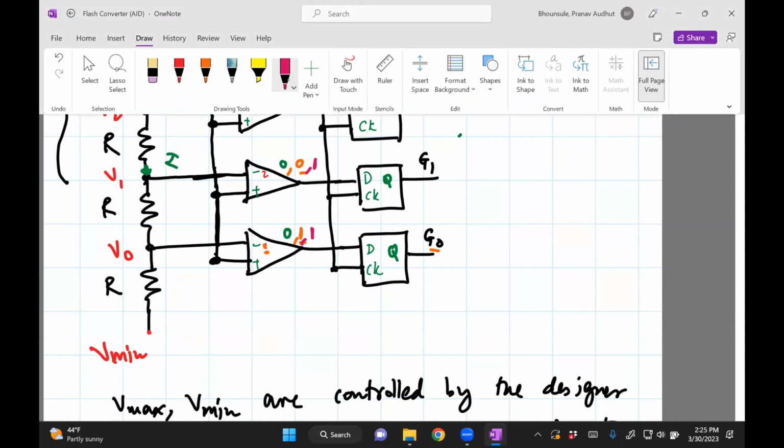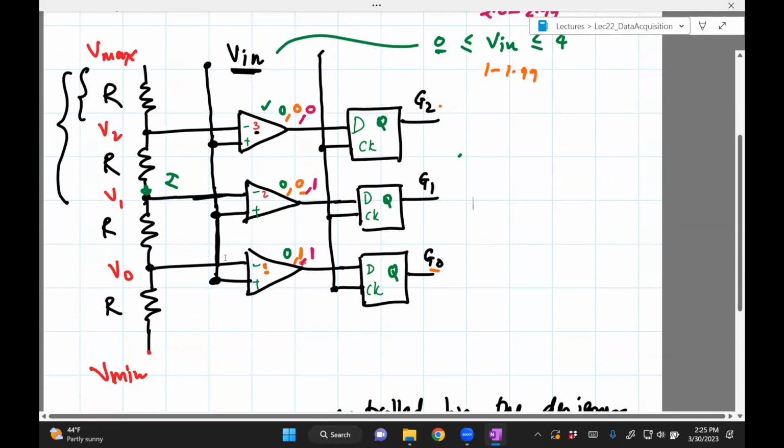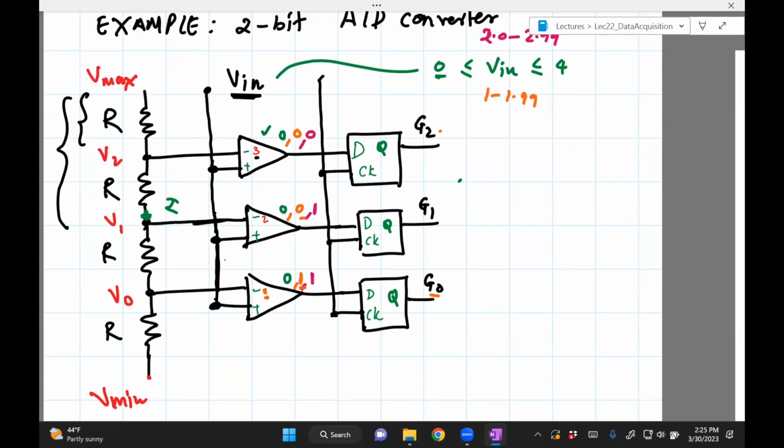Then we can do the last case, where you send in anything from 3 to 3.99, or 3 to 4. Then 3 is greater than 1, so this will be 1. 3 is greater than 2, so it will be 1. 3 is greater than or equal to 3, so this will be 1. So the output would be 1, 1, 1.